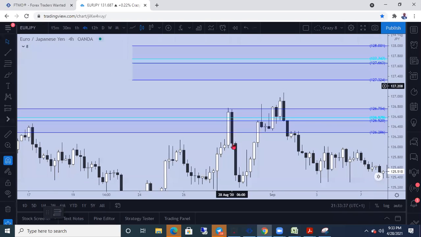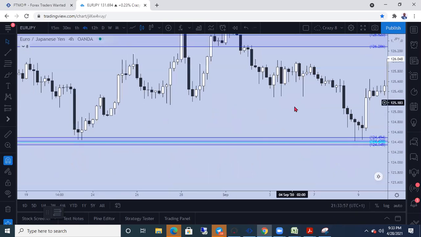But price came back and closed beneath. Now we are anticipating sells. Price pushed, closed above, we are anticipating buys. It came in, bought, and came back and closed beneath, and now we are anticipating sells. And then you can see the drop off from there.